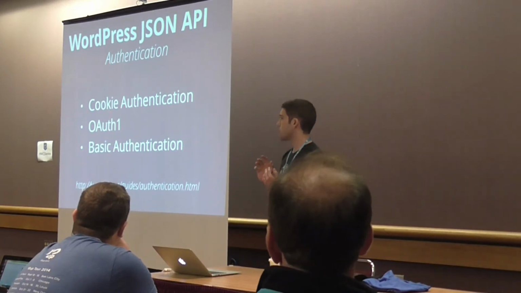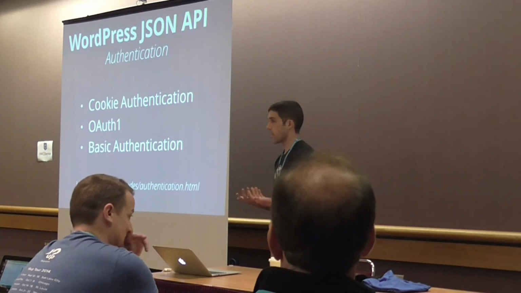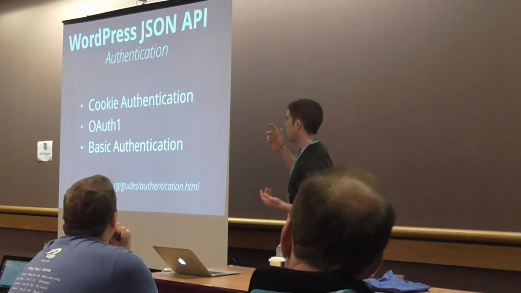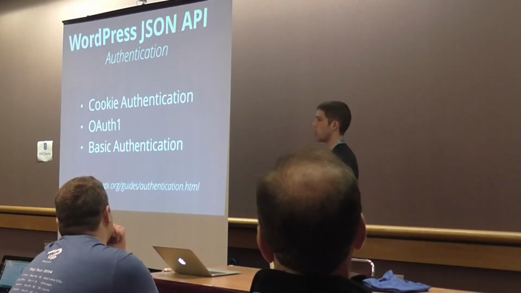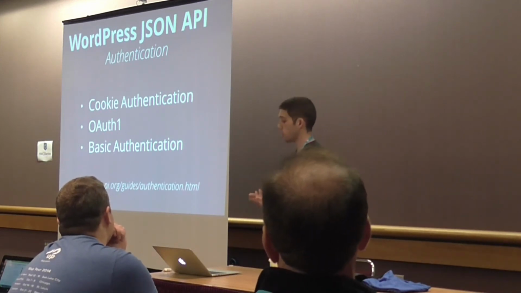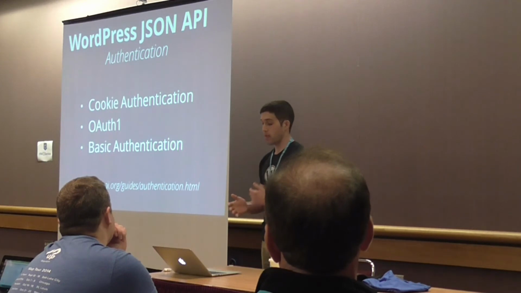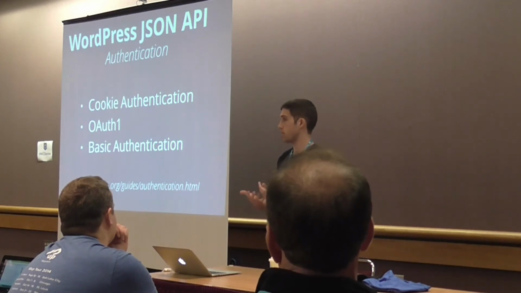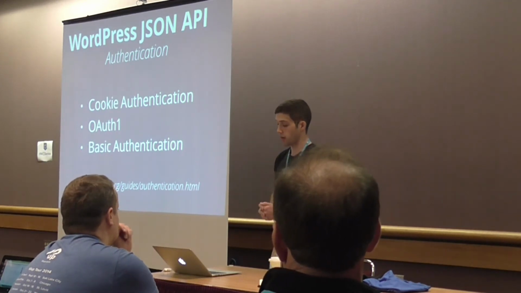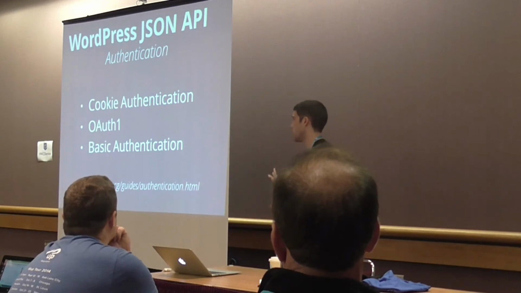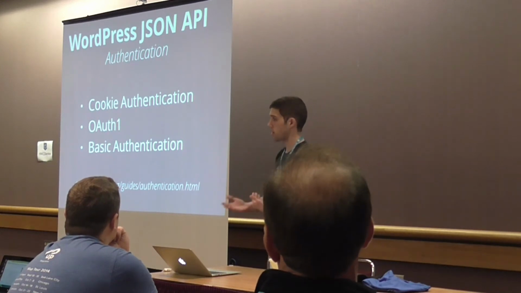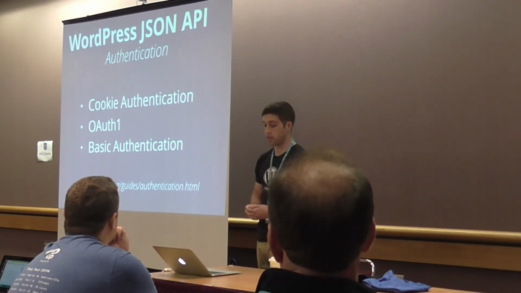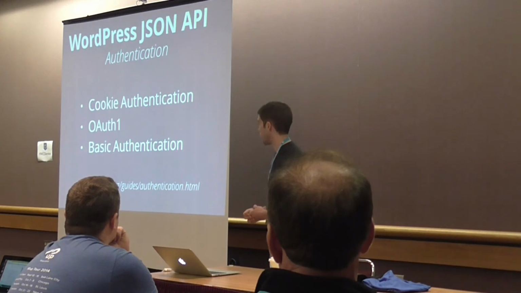But that opens up a concern about cross-site scripting attacks. So when you're using cookie authentication, you also need to use this security nonce, which is just a randomly generated string that makes sure that the request is actually coming from the page that the user is viewing. And on the next slide, I'll show that the JavaScript library that they bundle with this handles that for you in the background, so it doesn't necessarily have to be something that you concern yourself with.